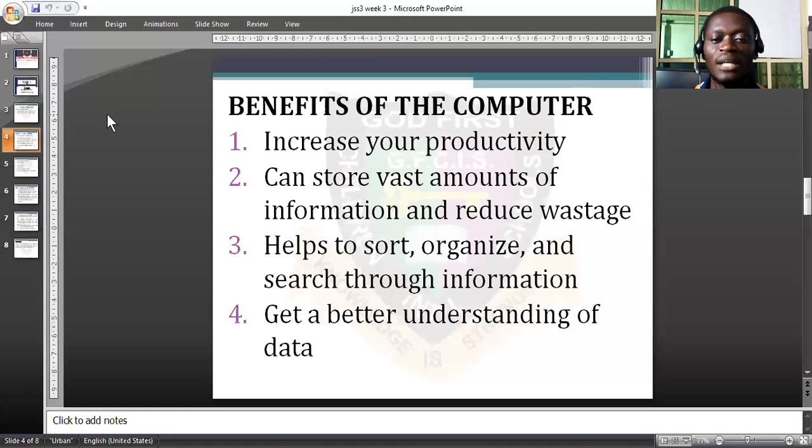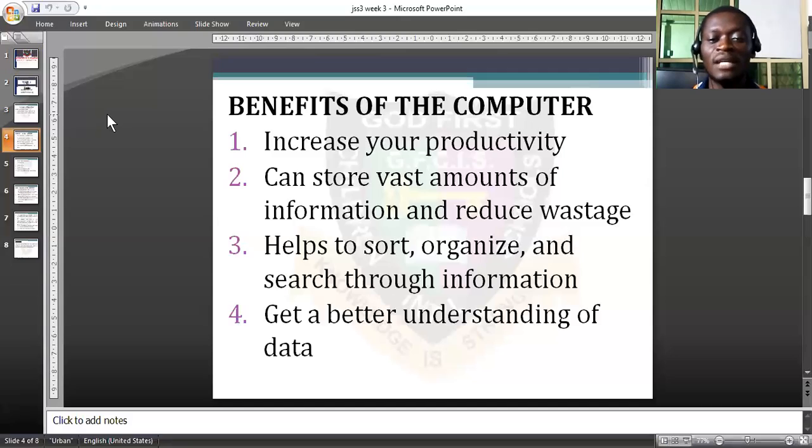Meaning the computer can help us to process a large amount of information at a time. We can process millions of data at a time, automatically, without using manual labor. So number one is it helps to increase your productivity.